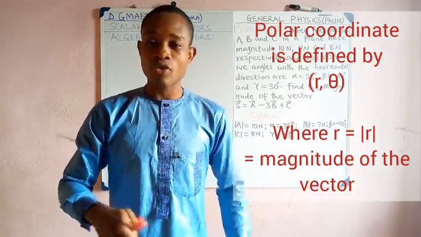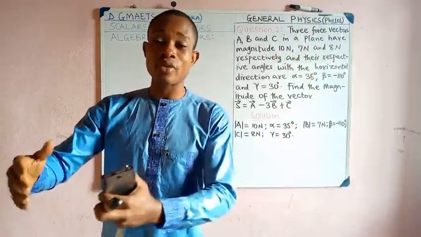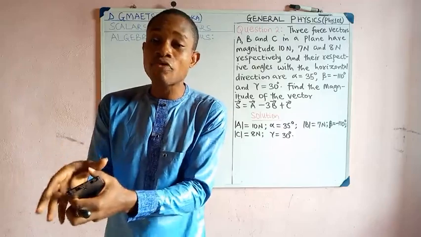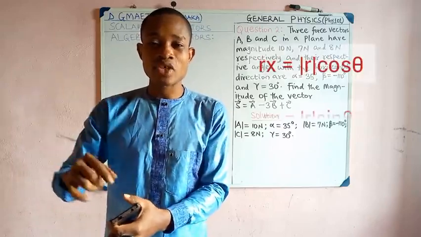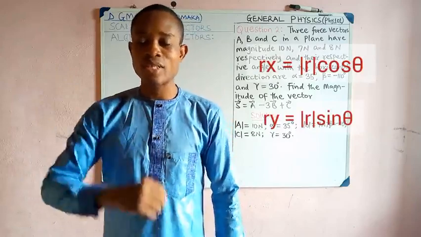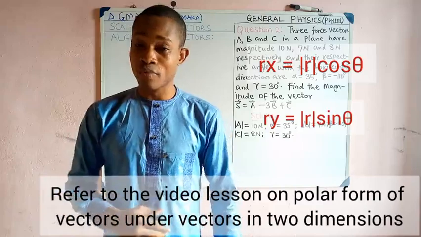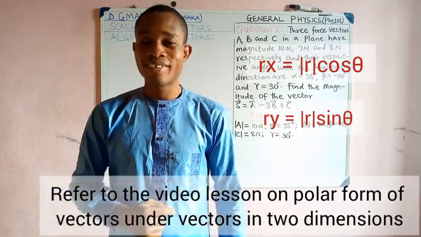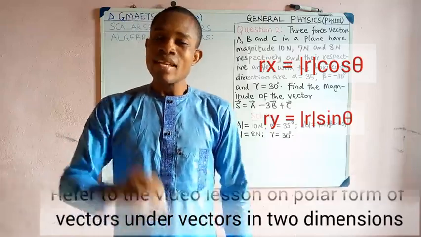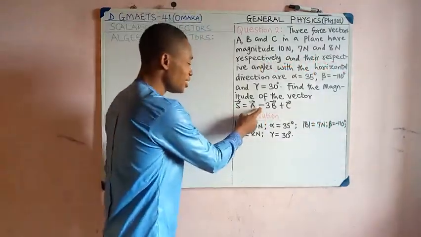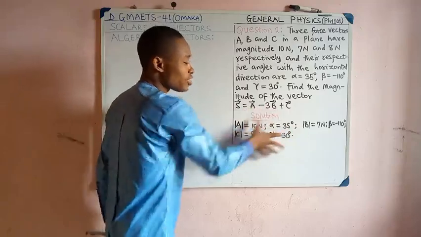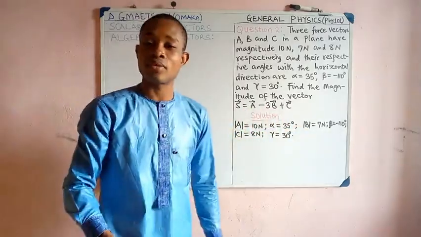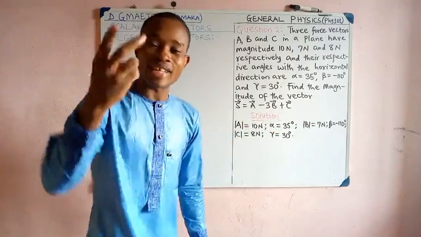And I told you that for us to get the x and y component from this polar form, we can do r cos theta and r sin theta respectively. Quickly take your mind back. You can also watch our previous videos to remind yourself of that. Now, for us to be able to obtain this, we must convert A, B, C from their polar form, because these values given to us are polar coordinate values, the magnitude of the vector and the angle it made.